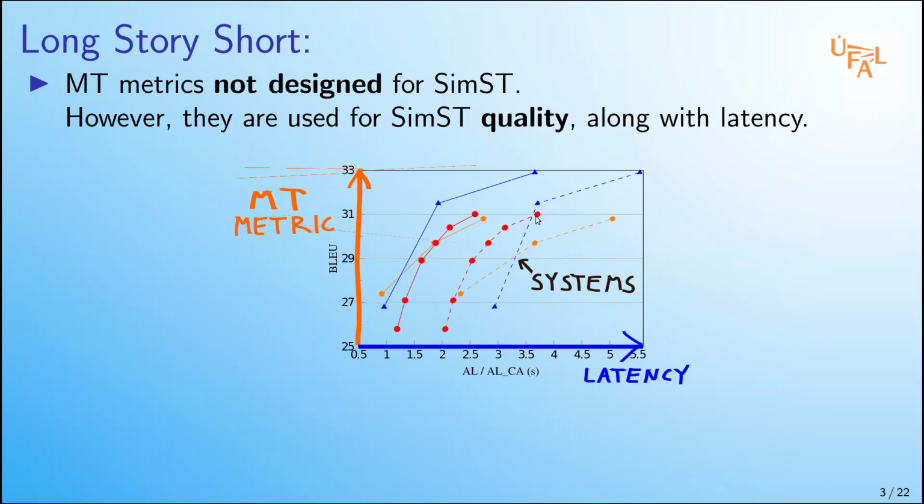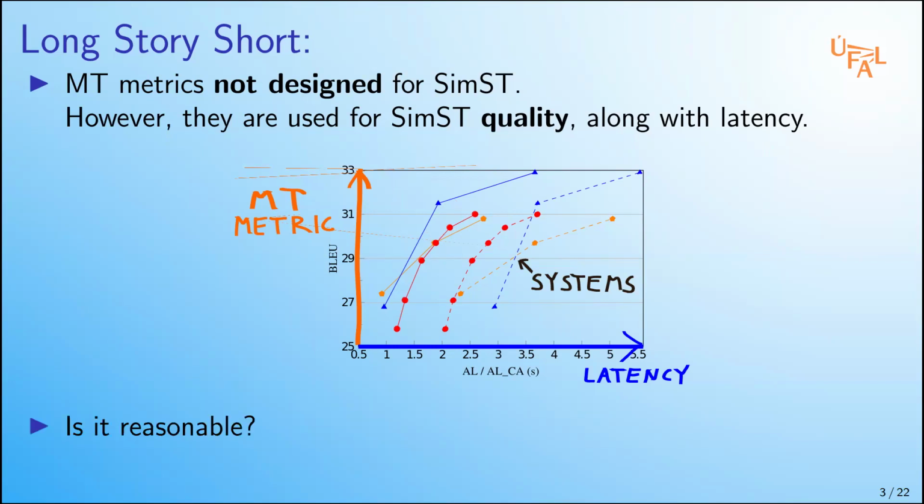So one line corresponds to one system, and the points are the points where the system was evaluated. The goal is to be as far left as possible, which means low latency, and as high as possible. So this blue system is better than the others because it's higher and more to the left.